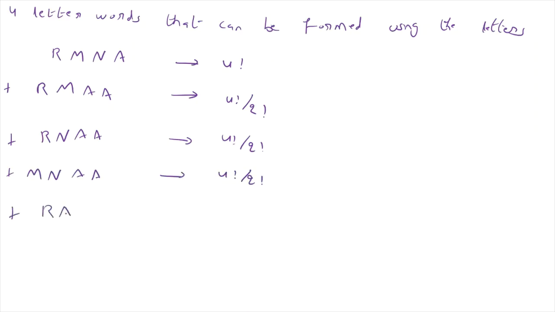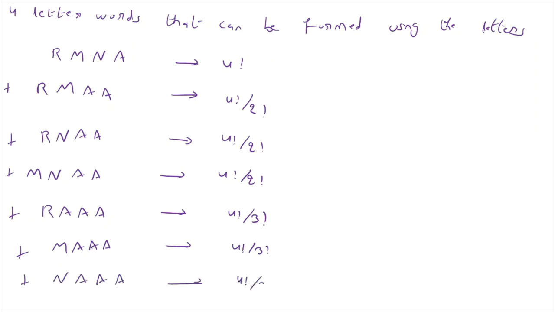the number of 4 letter words that can be formed using R, triple A. This can be done in 4 factorial upon 3 factorial ways, plus the number of 4 letter words using the letters M, triple A. This can be done in 4 factorial upon 3 factorial ways, plus the number of 4 letter words using the letters N, triple A. This can be done in 4 factorial upon 3 factorial ways.